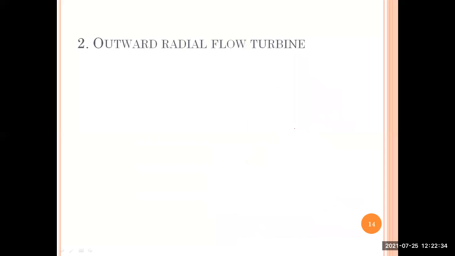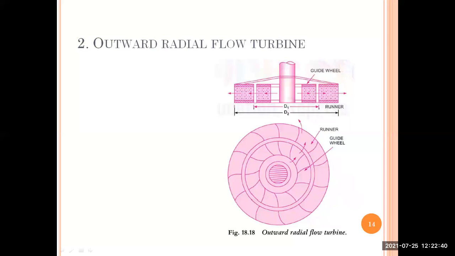So the second type is the outward radial flow turbine. It is the reverse of the inward radial flow turbine. Here the water enters from inside to outside radially. You can see here the flow, the rest everything remains the same. You have a runner, and around the runner you have a guide wheel.